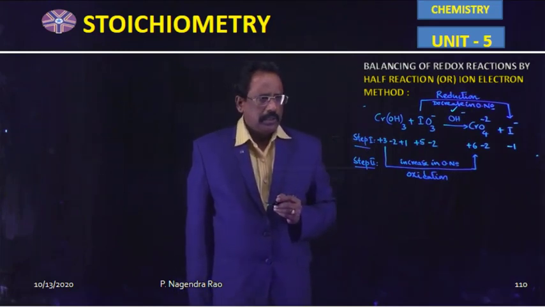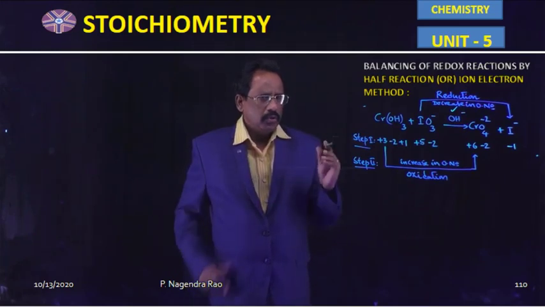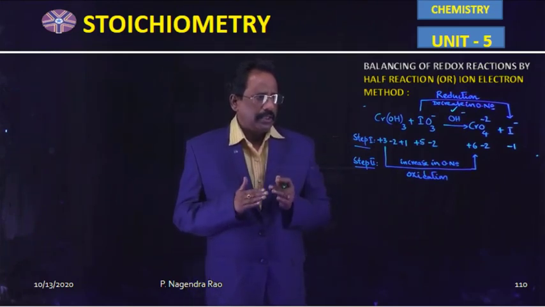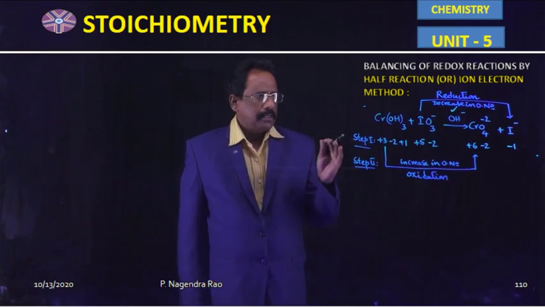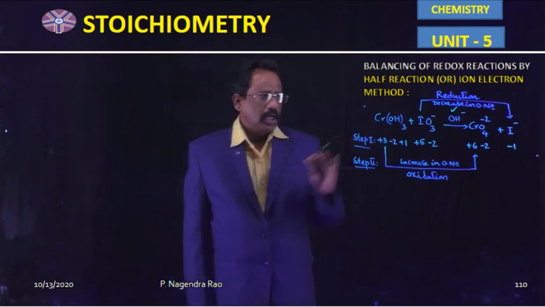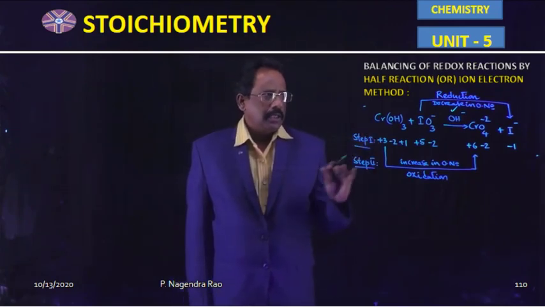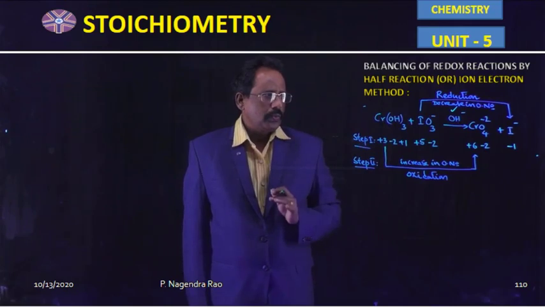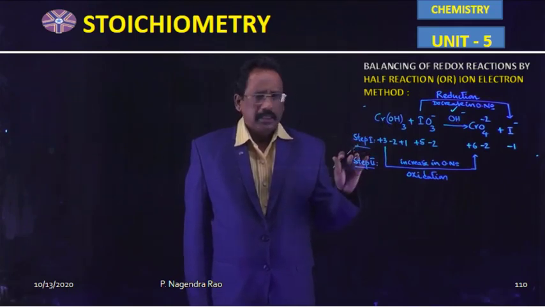So second step is chromium hydroxide is oxidized to chromate ion. Iodate ion is reduced to iodide ion.